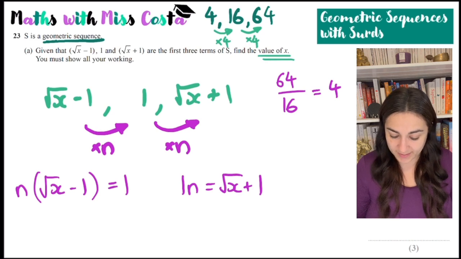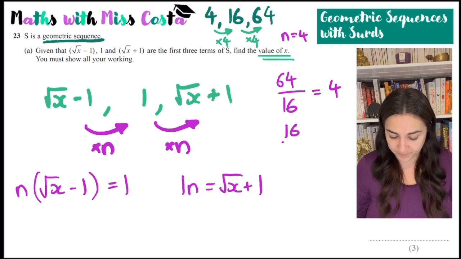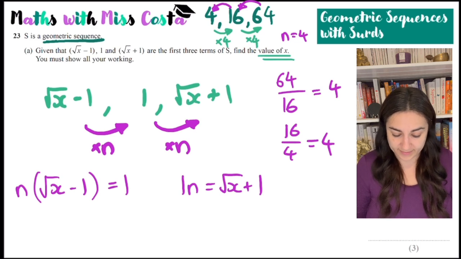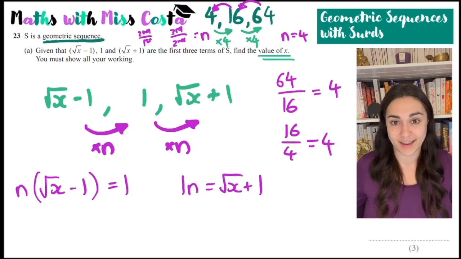So I know that in this case, n is 4. So if I apply the same rules, and just to double check that this is true, let's try it again. 16 divided by 4 is 4. Okay, so if you divide, let's say, third term over second term, or second term over first term, that is going to give you your value of n.